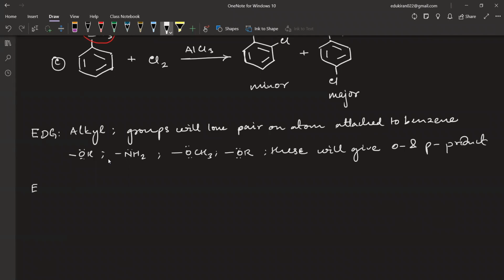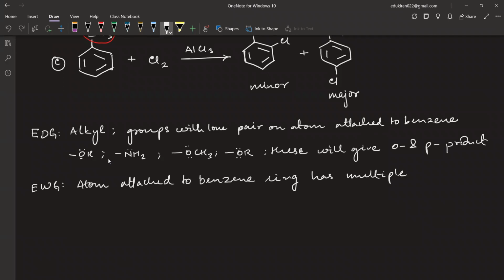Now there are also electron withdrawing groups. Alkyl and the other groups with lone pair are donating. Electron withdrawing groups are those groups in which the atom attached to the benzene ring has a multiple bond with an electronegative atom.